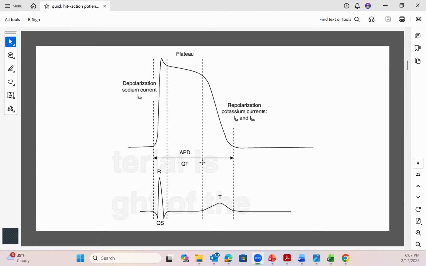That's part of our QT segment, right? And then our further repolarization from the potassium. So that's why if we think back to our first things that we did together, we talked about high potassium and low potassium, right? So that's how you can see how potassium has such an impact on that T wave.